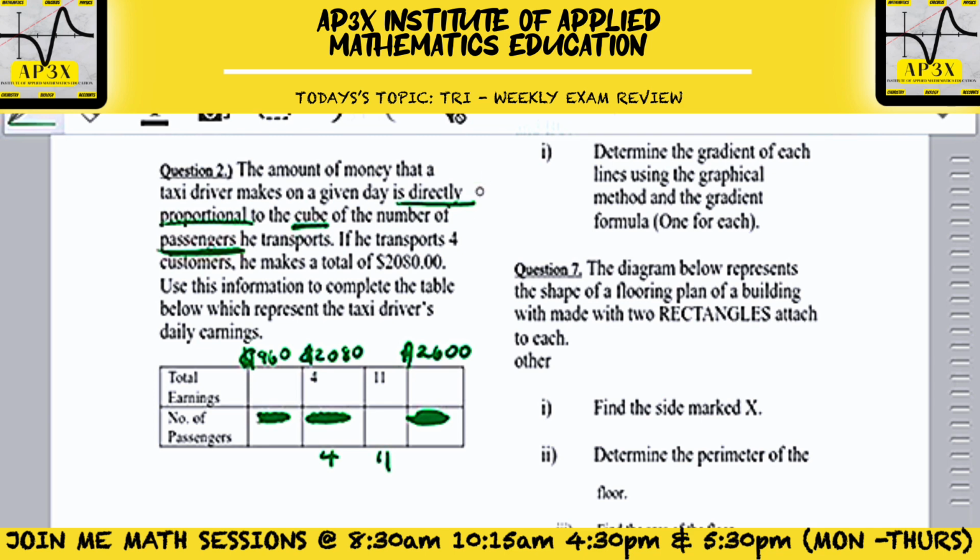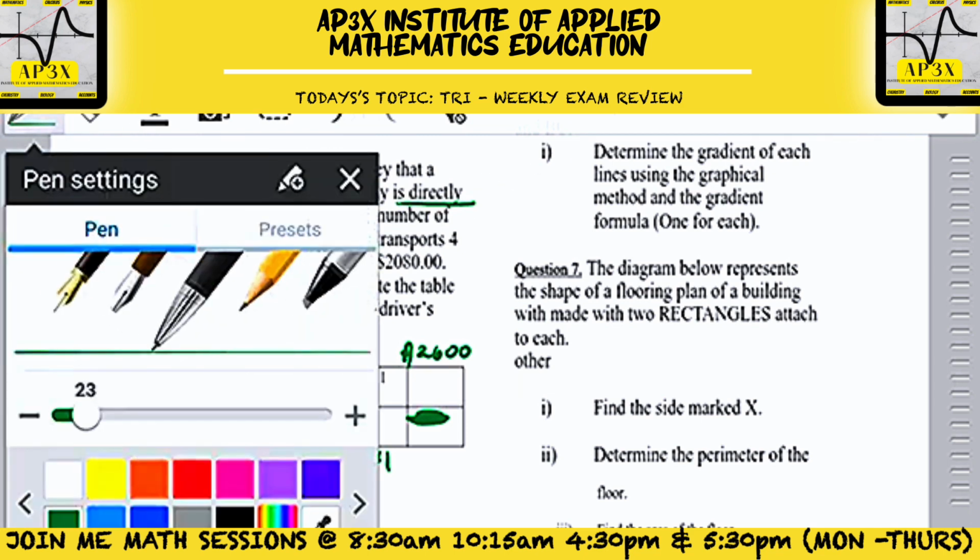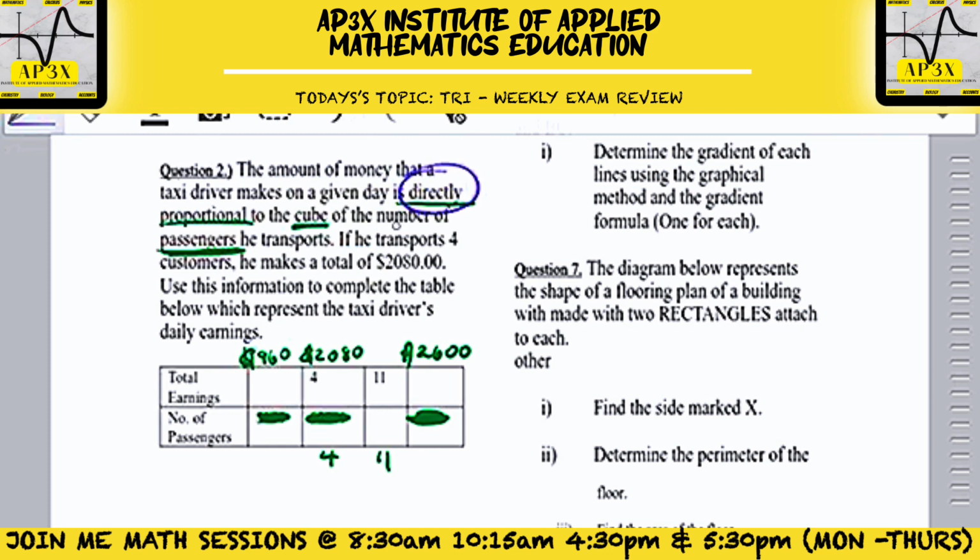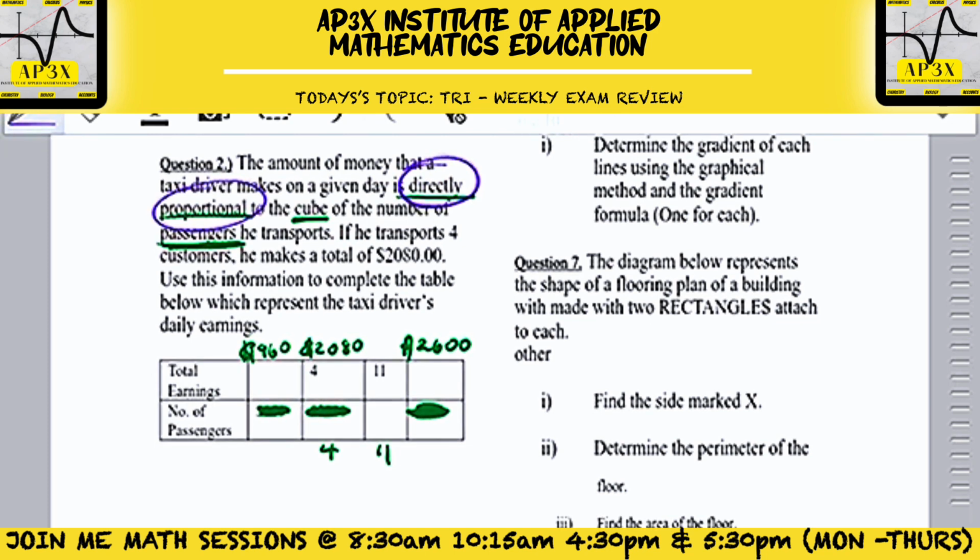They immediately recognize that there is a direct relationship between, all right, and I did also find a couple of complaints coming in that they thought that it's a direct proportional question. Remember that the word proportion and the word varies are used interchangeably. I had to throw you off a little bit, guys, with that question. So when you see directly proportional, it also means directly varies as.